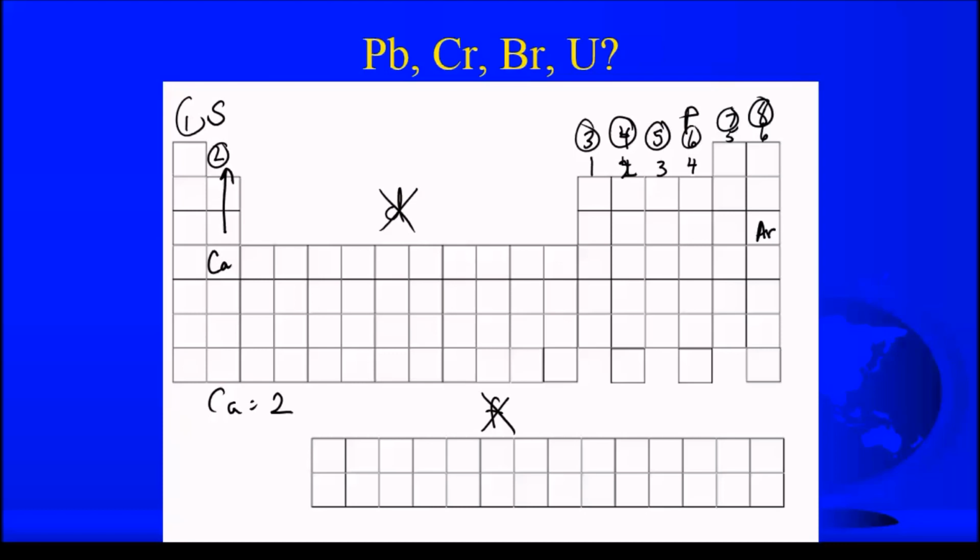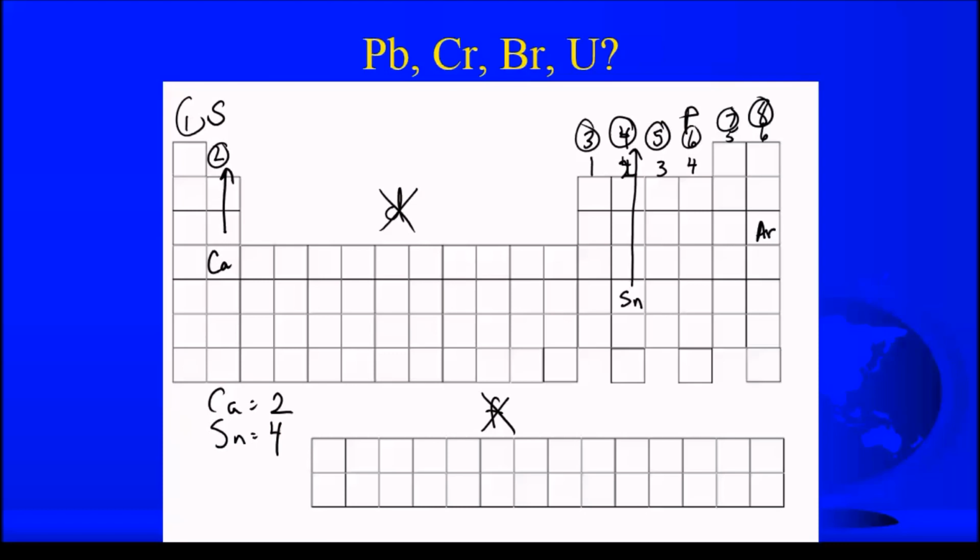All right, next up is tin. Jeffrey, how many outer shell electrons does tin have? 4 total. 2 in the S, 2 in the P, so tin is 4. Remember, it's the S and P electrons.